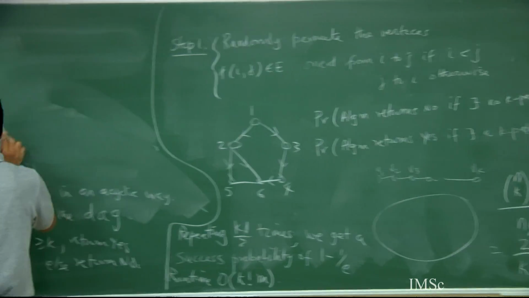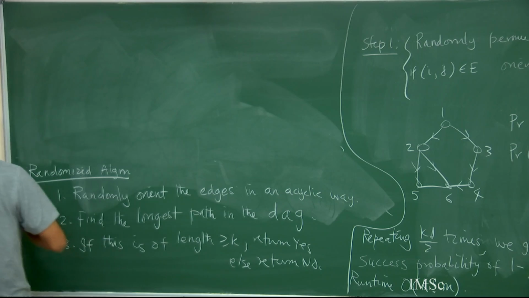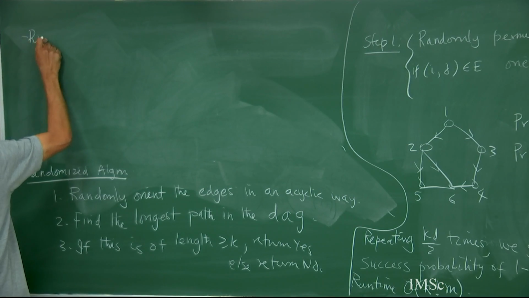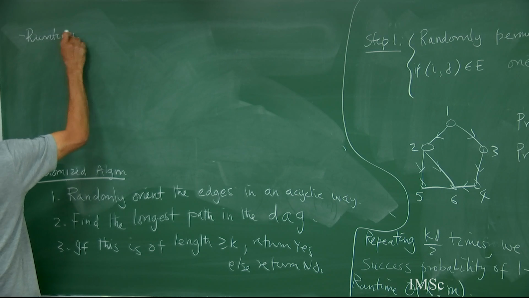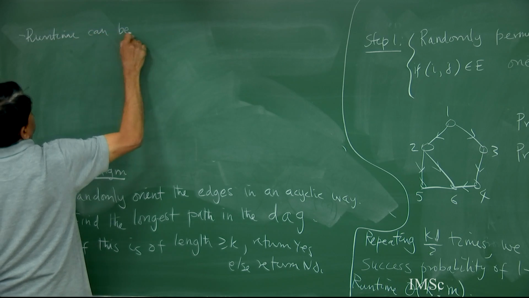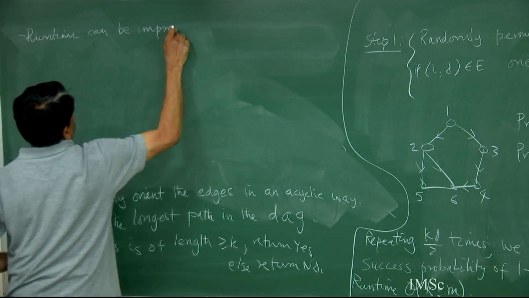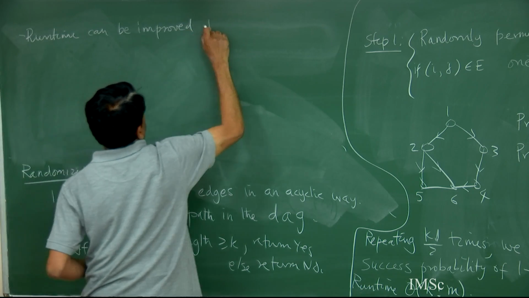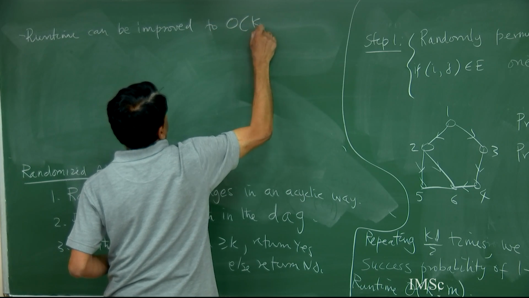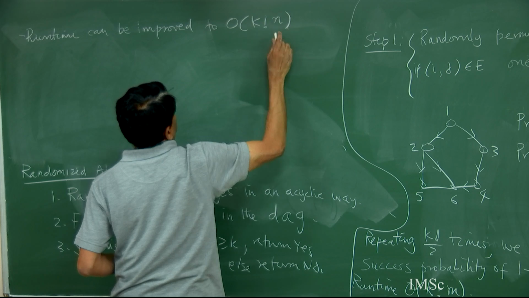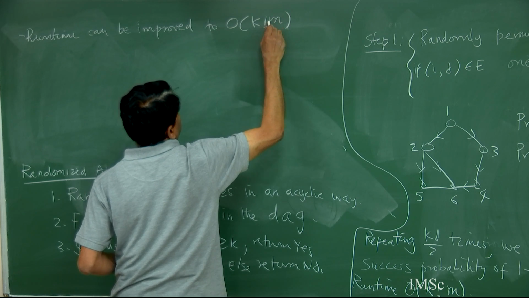So the running time becomes k factorial into k times n.